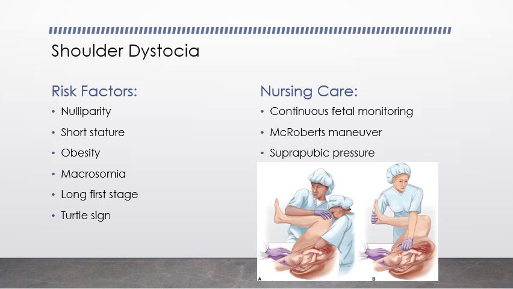If that doesn't work, the provider will ask you to do suprapubic pressure, and that's just trying to reduce the diameter of the baby's shoulders, or to be able to push the baby's shoulders to a more oblique position where there's a wider diameter. So there will be a question on shoulder dystocia on the exam. The first maneuver is McRoberts, and the second maneuver is suprapubic pressure.